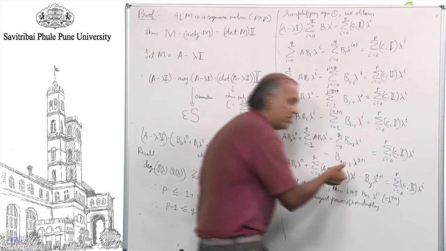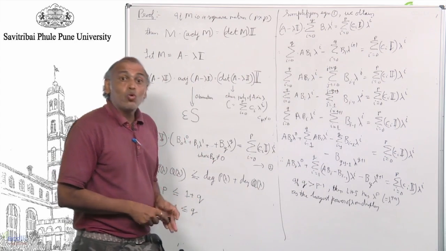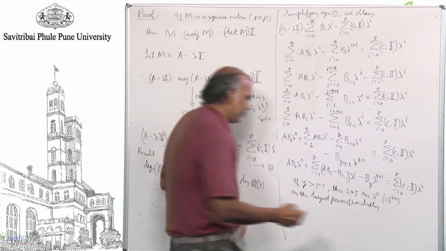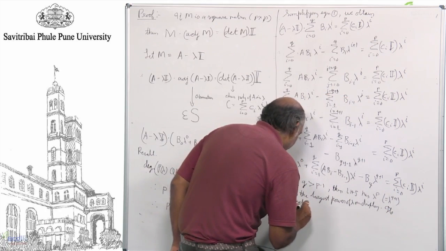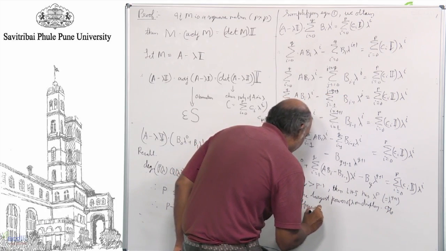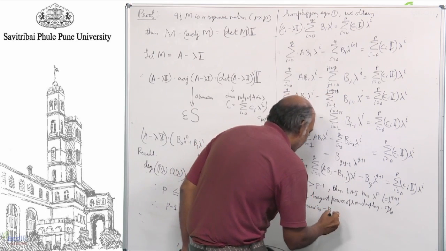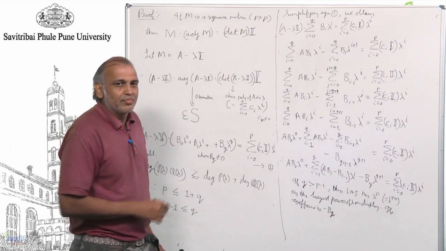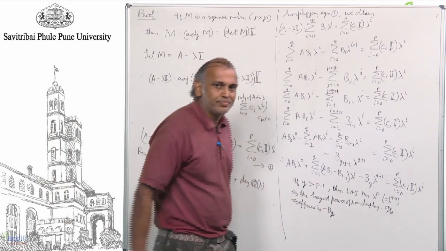There is nothing more on display here. And the coefficient, what can you say about the coefficient? Its coefficient is minus bq. No, sorry, b of p minus 1.